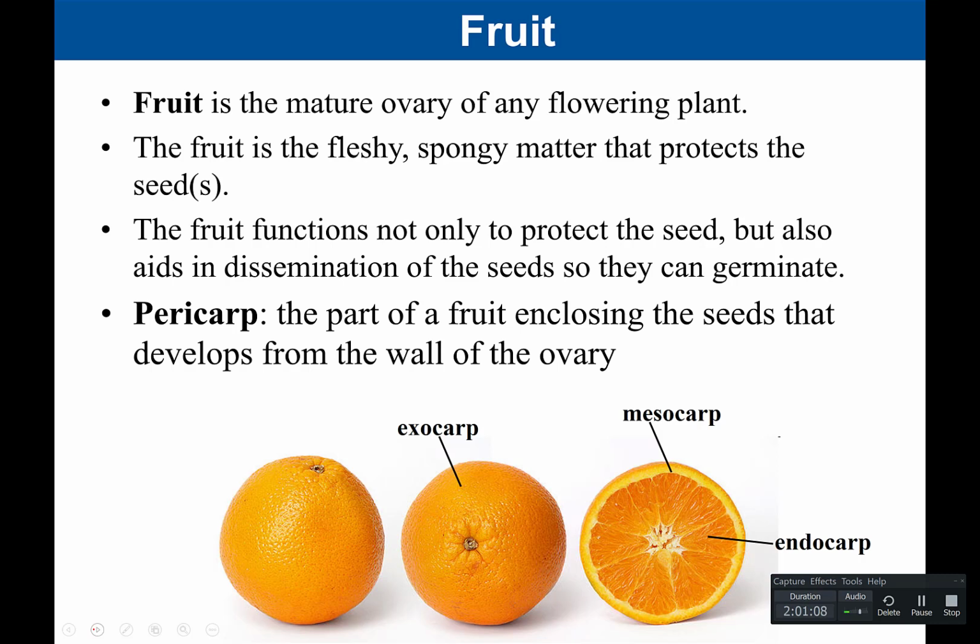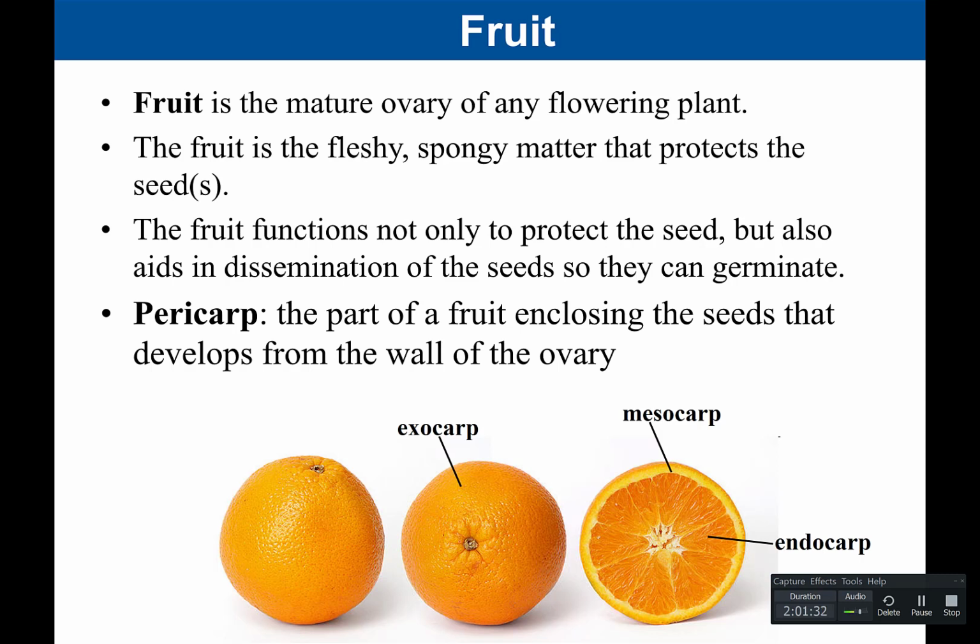If we talk about the fruit, the pericarp, that is the part of a fruit that encloses the seeds and develops from the wall of the ovary. And the pericarp can be divided into three parts. The exocarp, which is the exit, think of outside, it's the outer layer. The mesocarp is the middle.